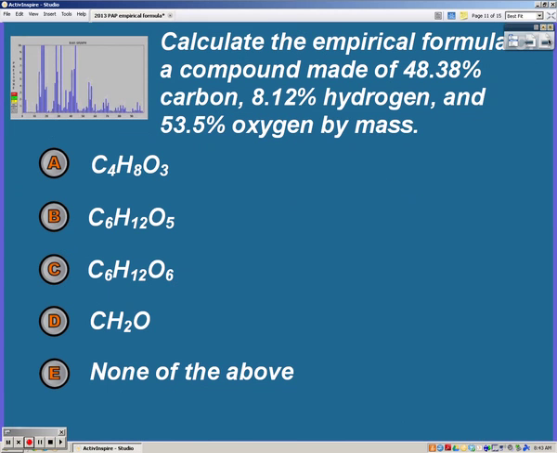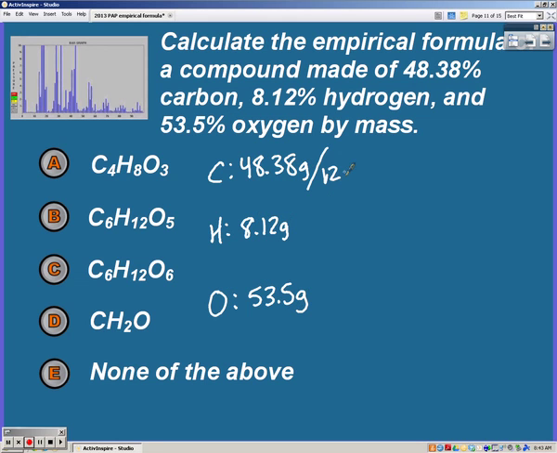This one you should have gotten B, C6, H12, O5. If you didn't, you needed to list out your elements. Divide by molar mass.